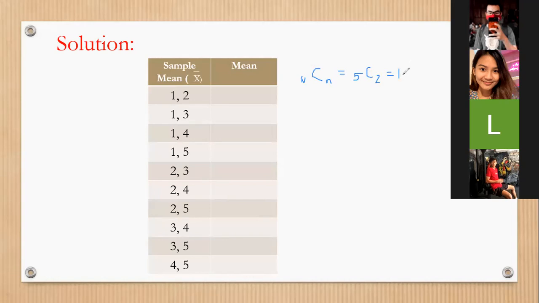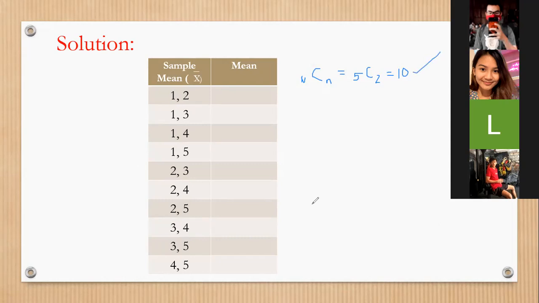Ibig sabihin, magkakaroon kayo ng 10 sample means and ito na po lahat yon. Okay? So mula dun sa numbers na 1, 2, 3, 4, 5, magkakaroon kayo ng pairing ng dalawahan lang because we are interested in getting sample means from 2 sections lang. So yung 1, pinair natin kay 2. So kung bibilangin nyo, 10 daw sila. 10 na sample means.